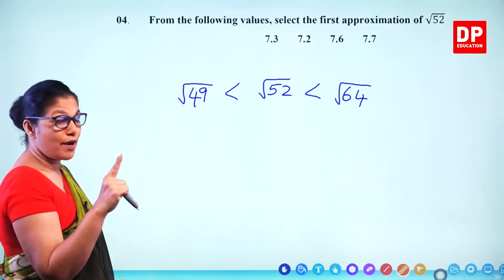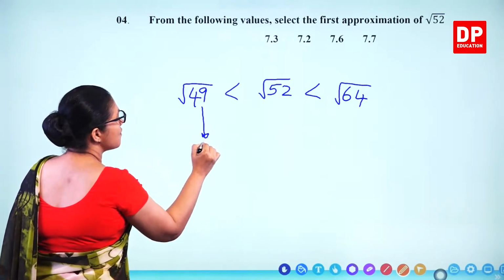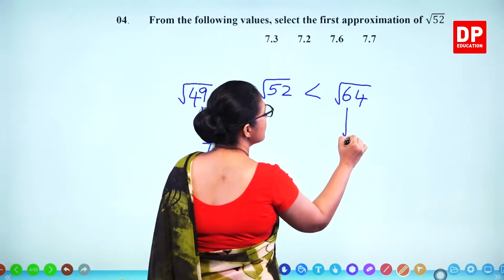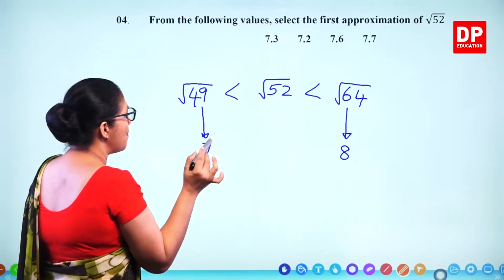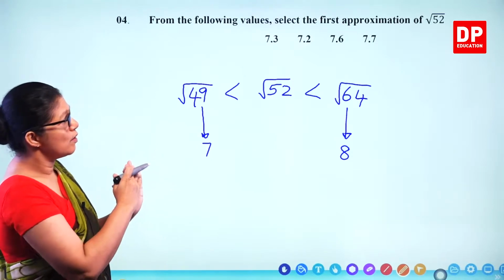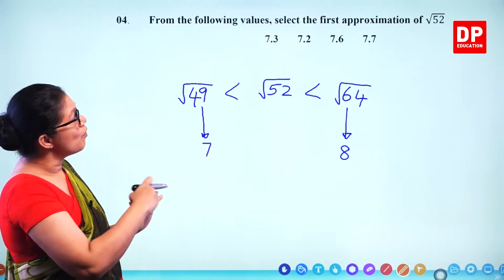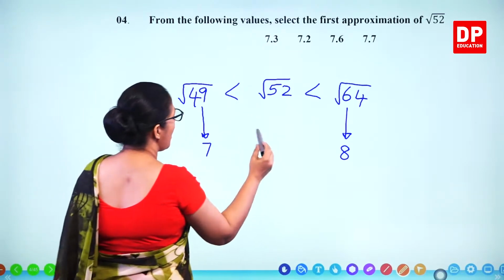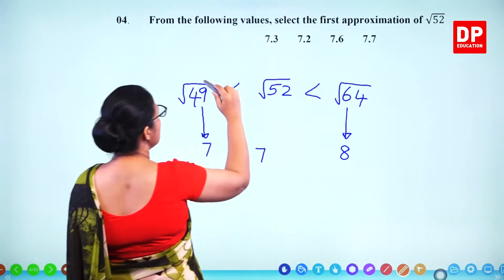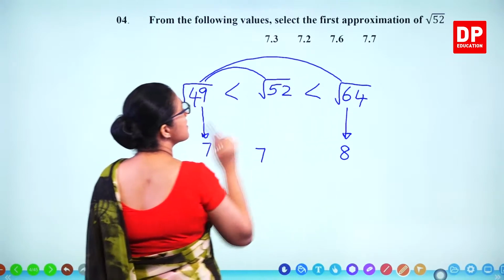When you take the square root, 49's square root is 7, 64's square root is 8. So it is in between 7 and 8. But we need to find out whether it's more than 7.5 or less than 7.5. So we'll find the fraction in between these.